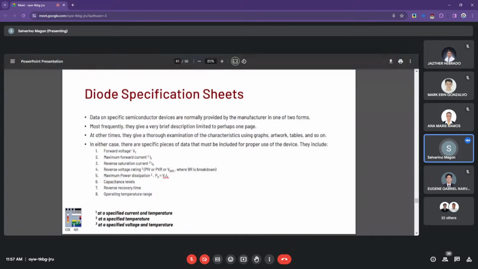PIV, or peak inverse voltage, I think, is the more commonly used terminology for this in specification sheets. And power dissipation is described in the specifications sheet as well.